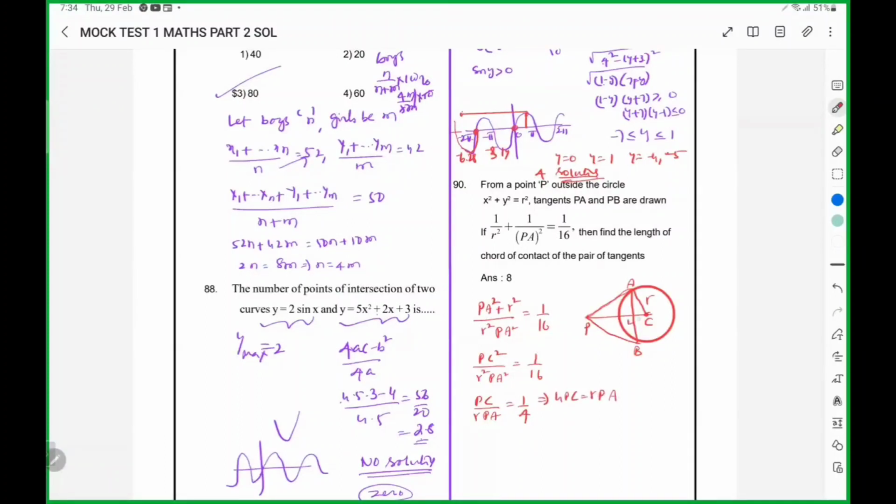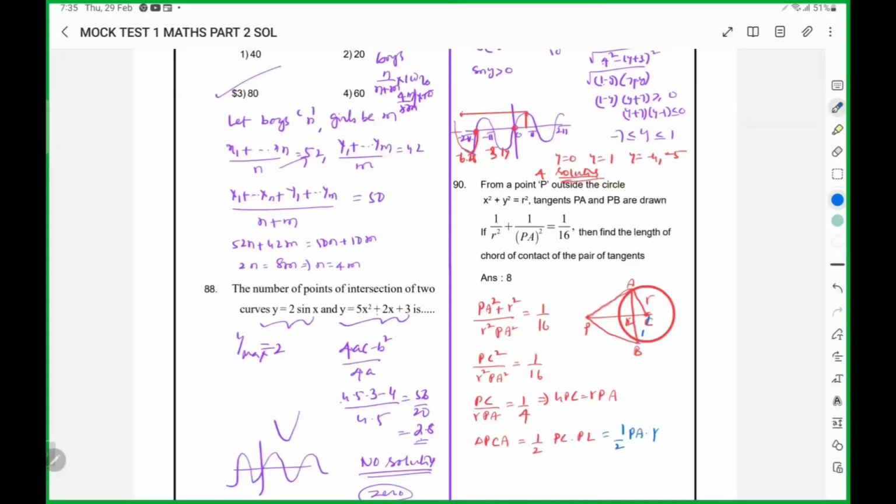To get the length AB, it is enough to find AL. You take triangle PCA. If you find its area, half PC into PL, and if you join this C and B, find its area, PC into R, which is equal to half PA.